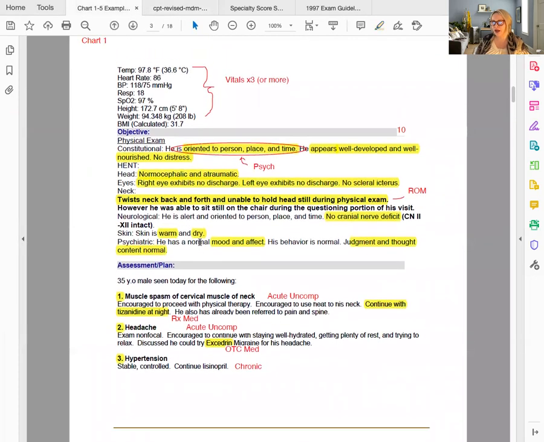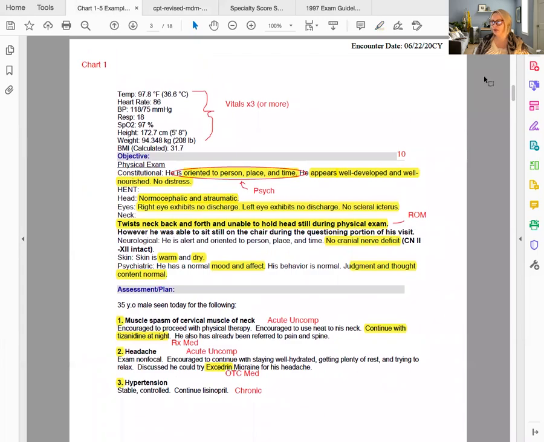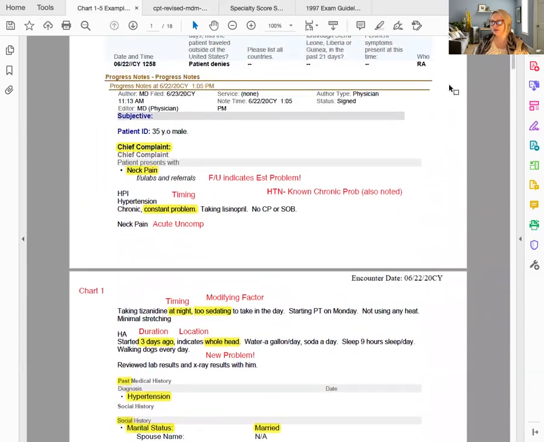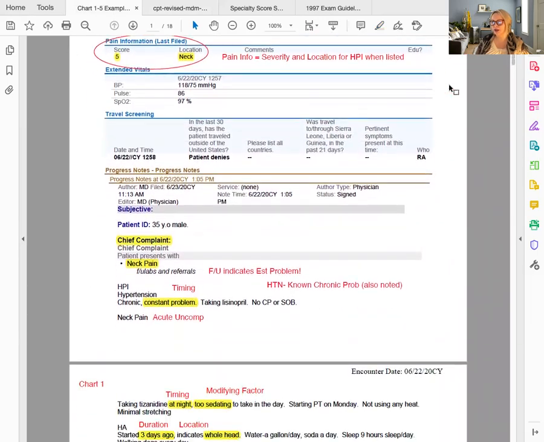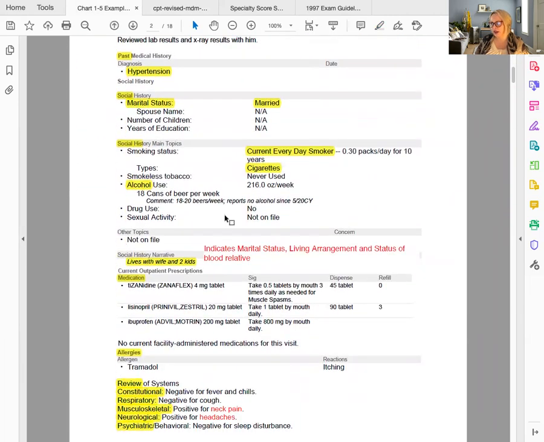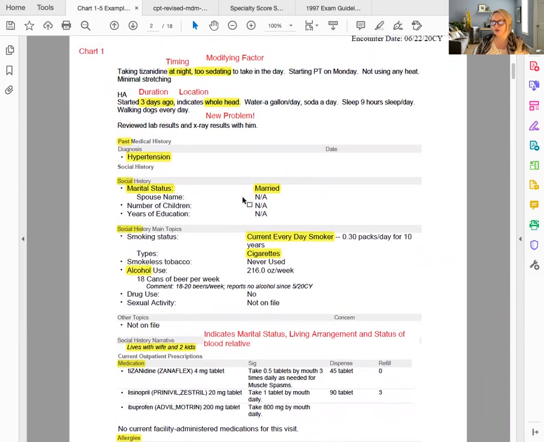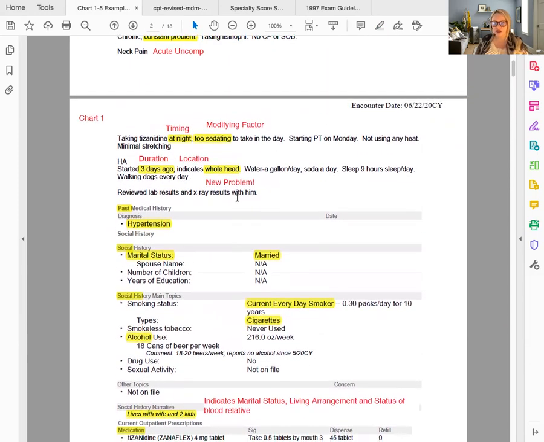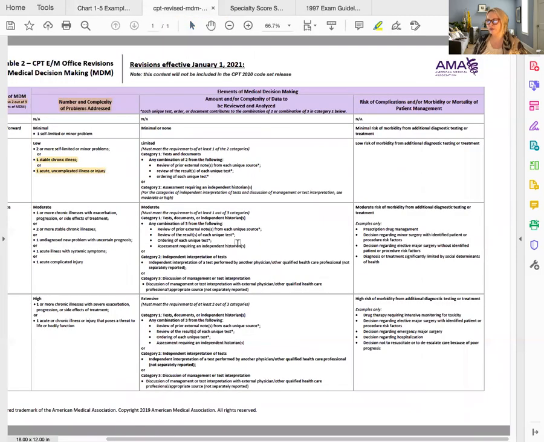I can, of course, go back and re-review everything, but keep in mind, just putting in information from the system, like all of this really great elements on their history, that's not necessarily a review of private notes. That's information that's available to the provider directly in front of them, just as if they had the medical record in front of them. Prior notes would be something like they were seen in an ER visit or by another provider. So I would not count that.